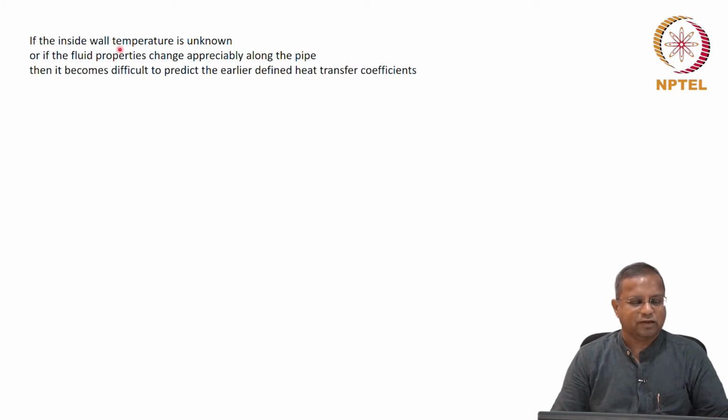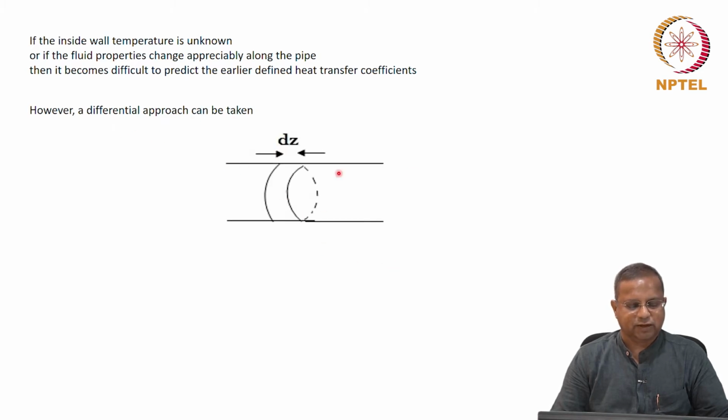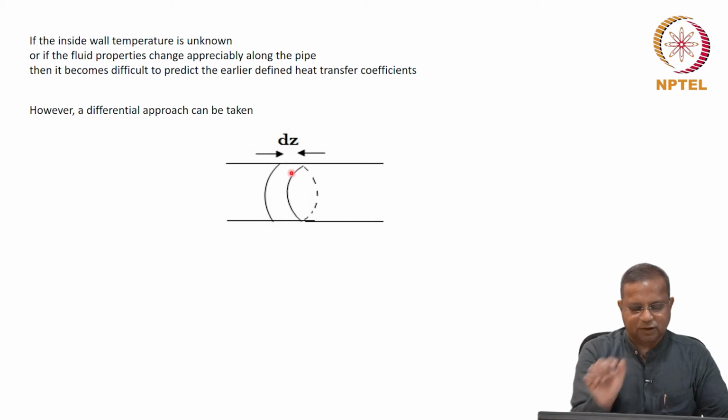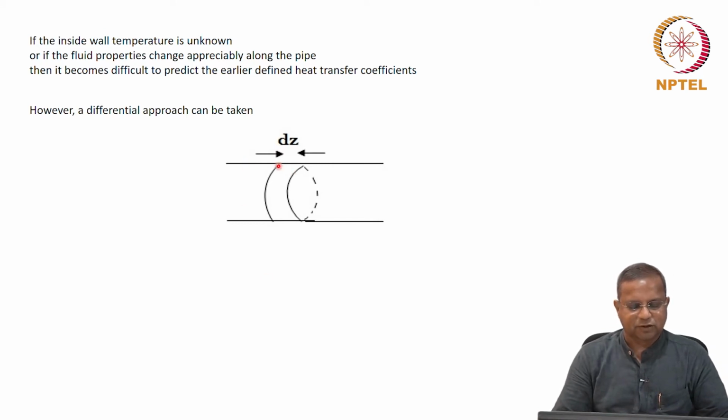If this is the case, then it becomes difficult to predict the earlier defined heat transfer coefficients, and therefore we use a differential approach. We take a thin cylindrical element of thickness dz. It is like a slab, the radius is the same as that of the pipe, only the thickness dz is much thinner compared to the length of the pipe.